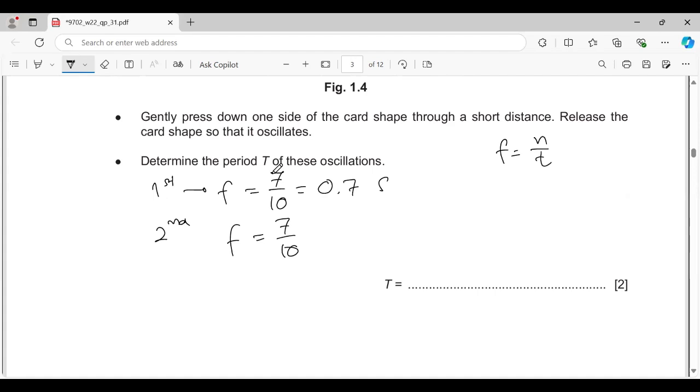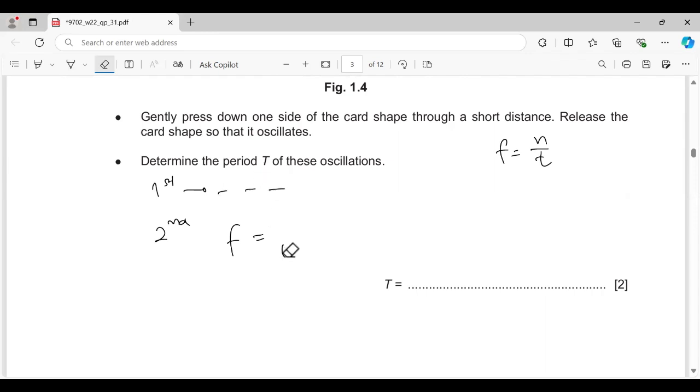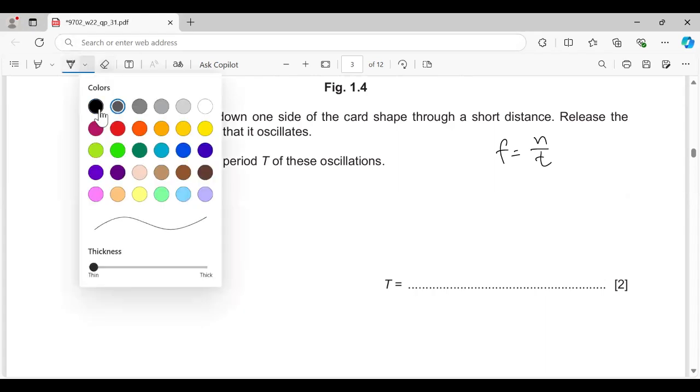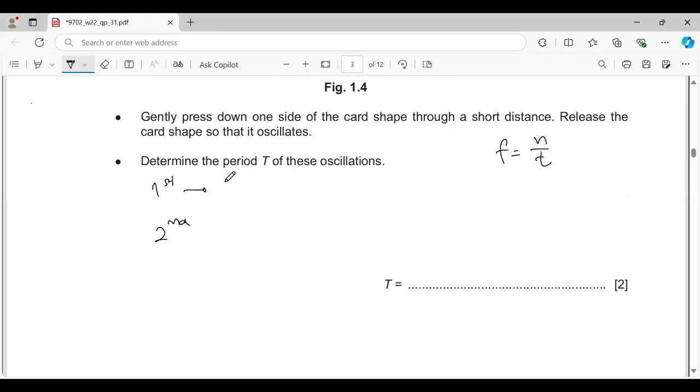Okay, for the first, n is 7. The frequency is 2 hertz, and the second frequency is also 2 hertz.